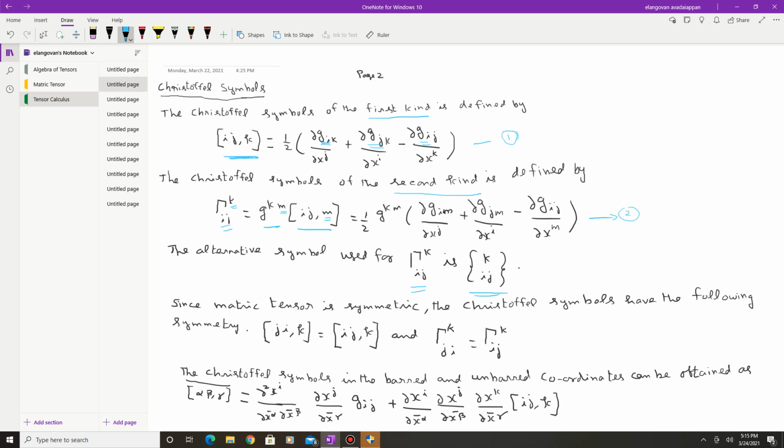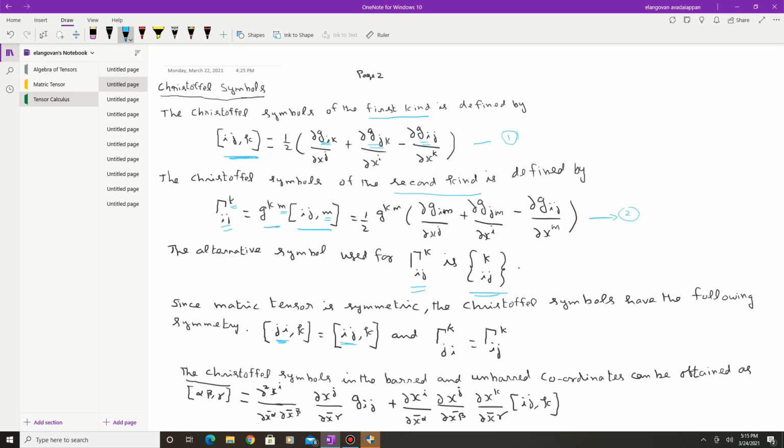Now the metric tensor is symmetric. We have already discussed that the metric tensor is symmetric. Therefore the Christoffel symbols have the following symmetry: [ji, k] equals [ij, k]. If we interchange, it will not affect.